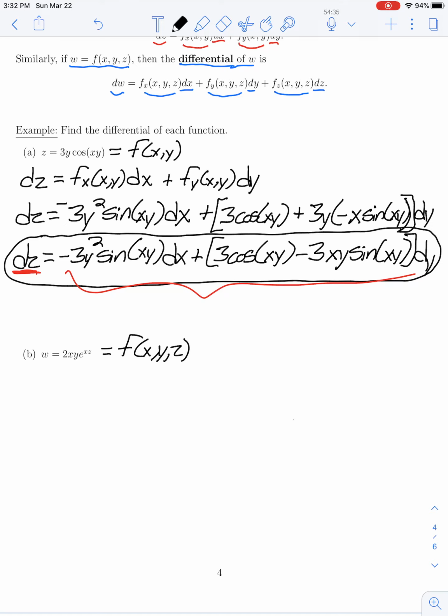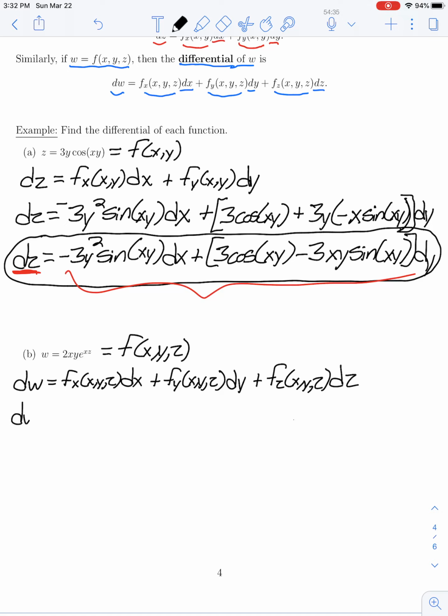In this case, for a 3-variable function, we would have our differential dw defined as the partial derivative of f with respect to x times the differential of x plus the partial derivative of f with respect to y times the differential of y plus the partial derivative of f with respect to z times the differential of z. So in this case, let's see what we have.